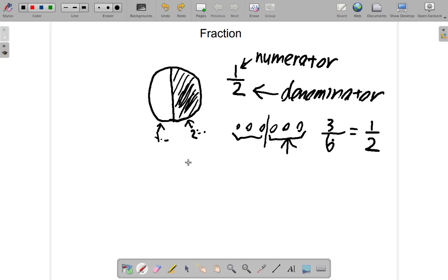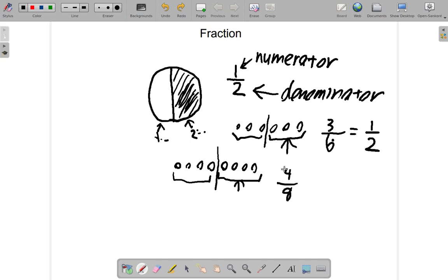Now, in a case where I have 1, 2, 3, 4, 5, 6, 7, 8 apples, it could be a case where I get 4 out of the 8. Somebody else gets the other 4.